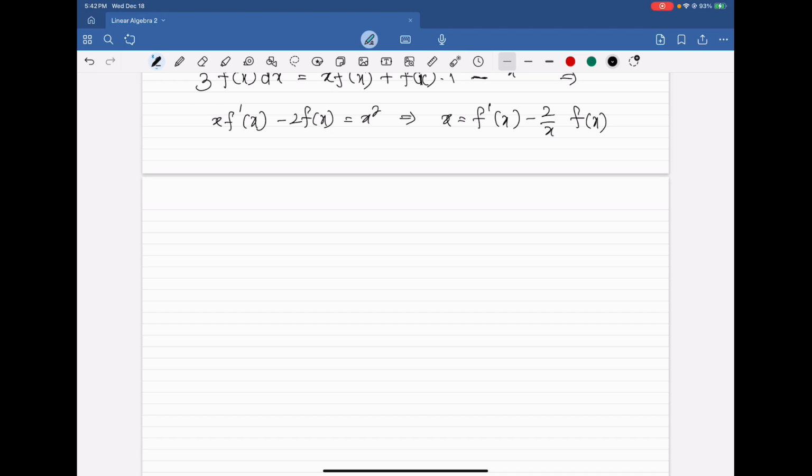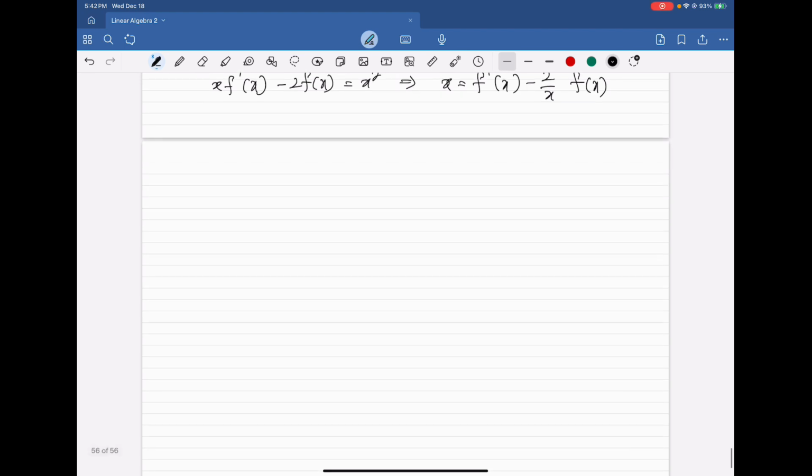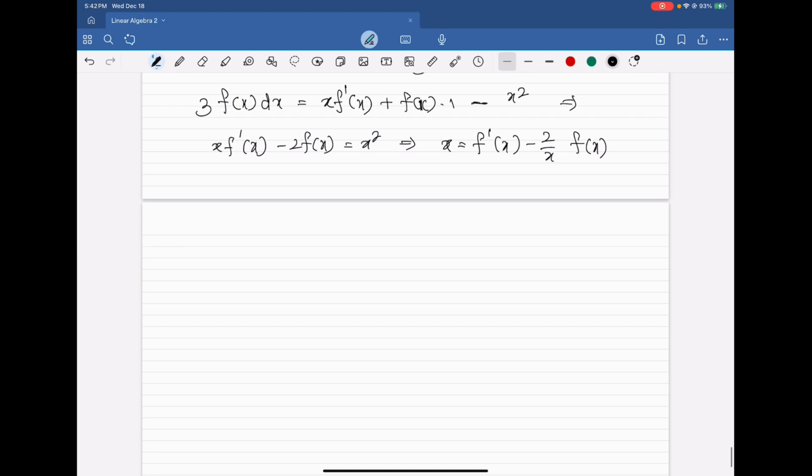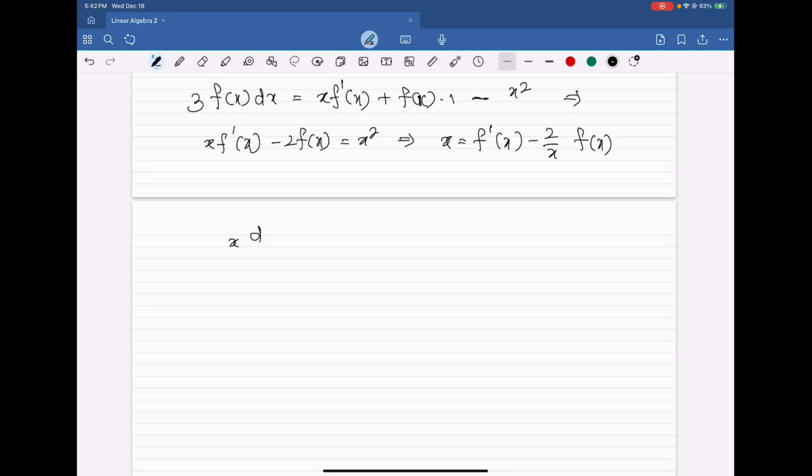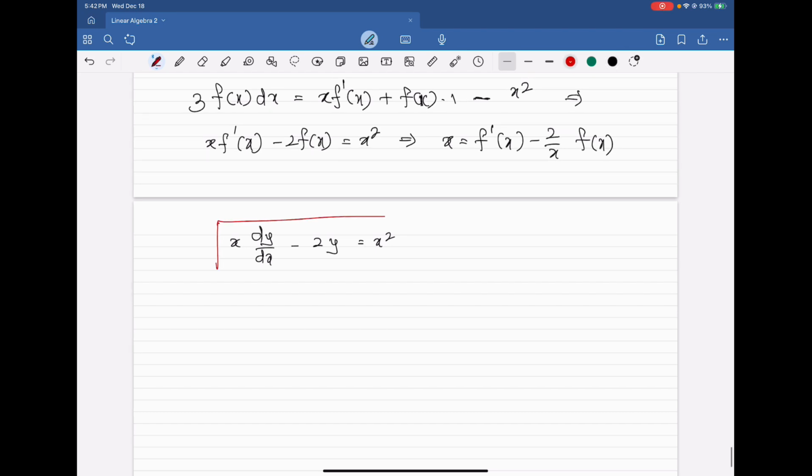It is an ordinary differential equation which can be solved very easily, or else we can even write it as x into dy by dx minus 2y is equal to x square, where y is equal to function of x.